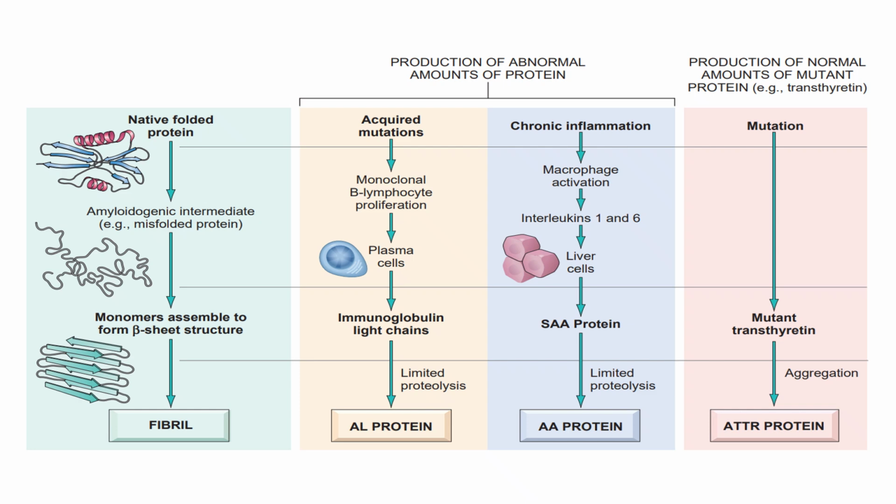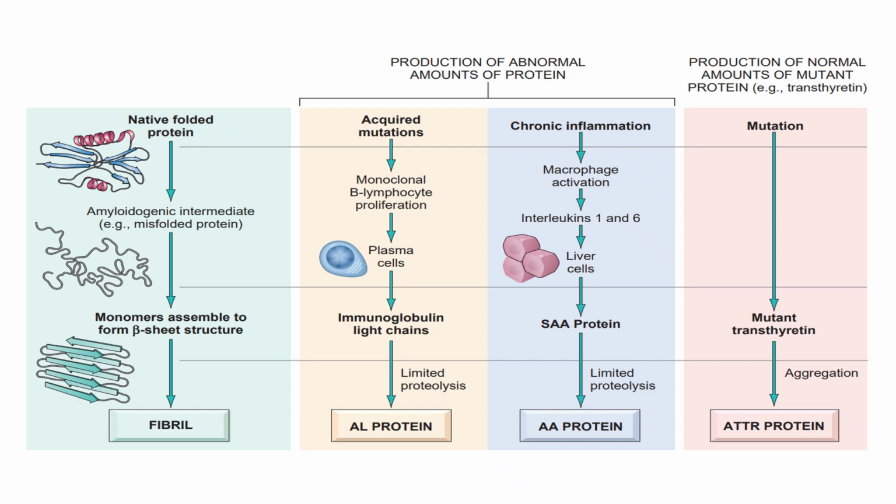And this is the pathogenesis of amyloidosis. We can see the AL protein formation: there are acquired mutations and monoclonal B lymphocyte proliferation, as in multiple myeloma. And in chronic conditions, there is macrophage activation.